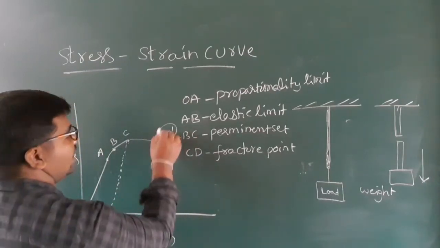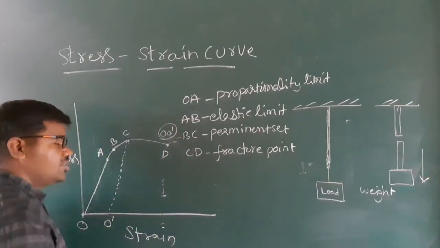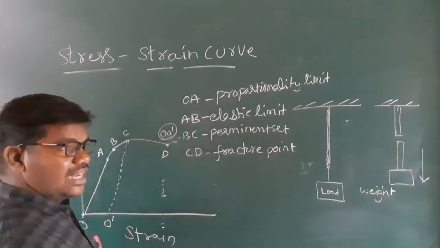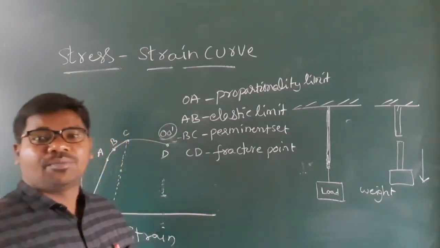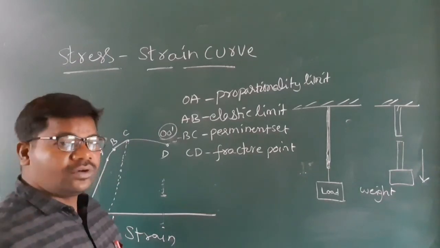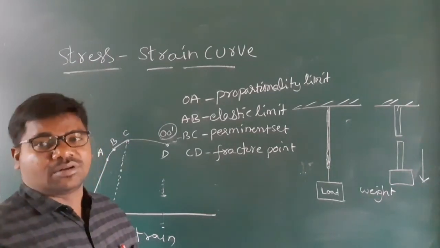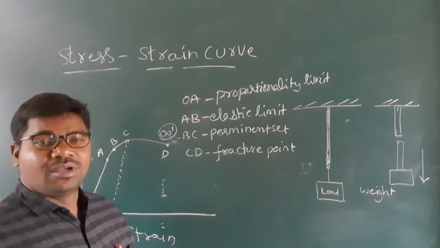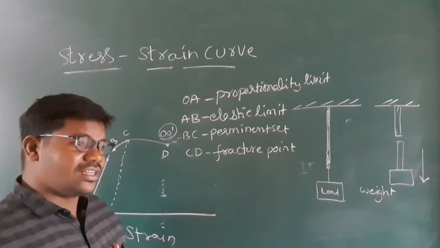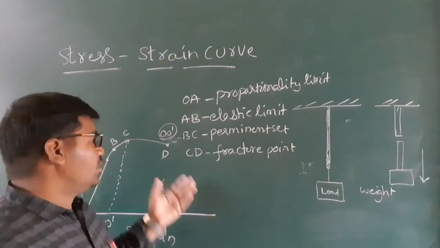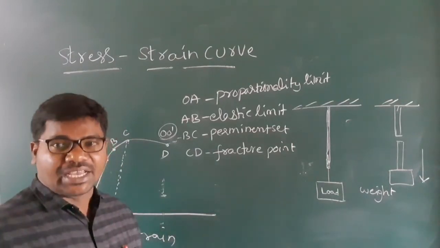So the length has increased somewhat. After that, we apply a smaller amount of stress, a smaller amount of load, and the wire, the material, elongates more and more. Understand? As we gradually increase the load, finally the material breaks.